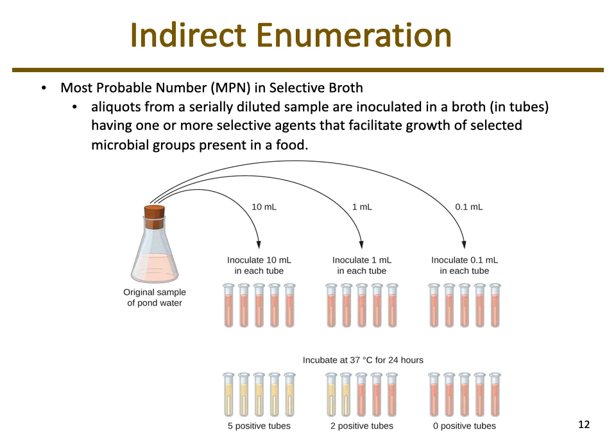Because it's a selective broth, it only allows certain organisms to grow. You then look at whether the tubes turn positive. If yes, then it's most likely, it's probable, that the number would fall into this range, because we know we did this dilution and this is the response we got.